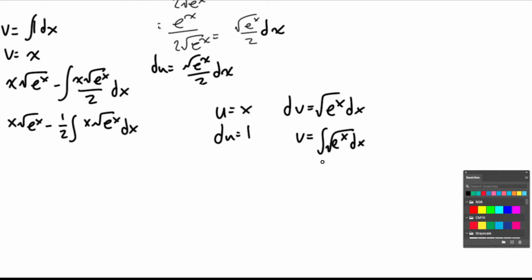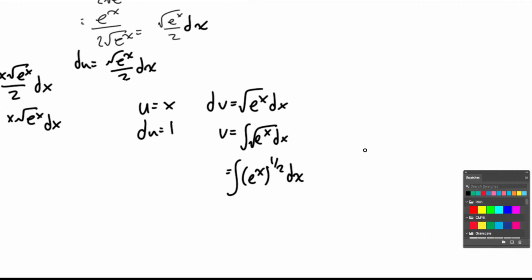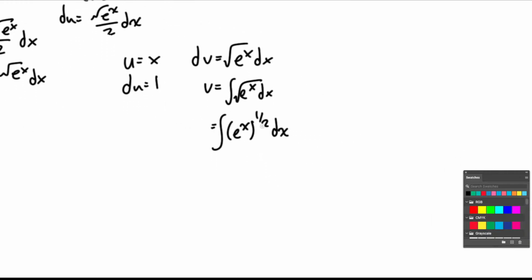Now we need to integrate this funny little thing. So e to the x to the 1/2 dx. Now, what could we do here? Remember, this just means e to the 1/2 x dx. Then that means we can make u equal 1/2 x. du equals 1/2 dx.